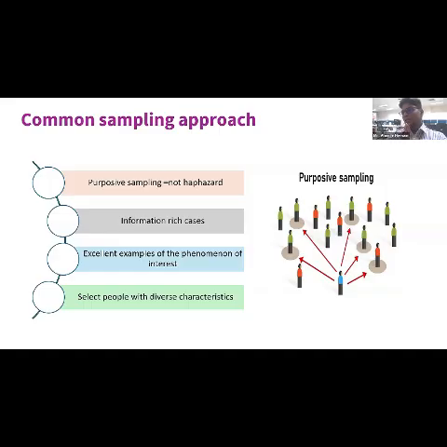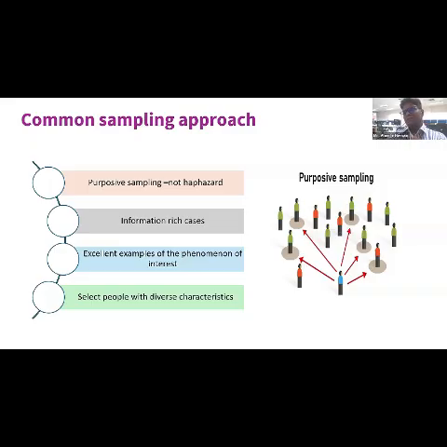Sometimes we also select people who explain their activities well among others with similar characteristics. This also helps to reach information-rich cases. It is also an excellent example of the phenomenon of interest, and we select people with diverse characteristics.